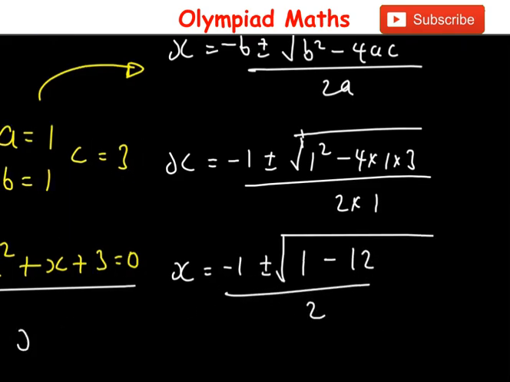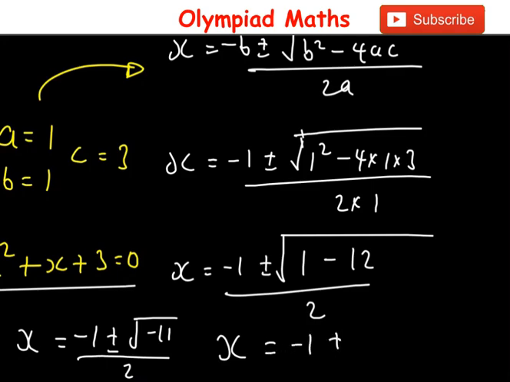And from here, x is then equal to minus 1 plus or minus root 1 minus 12 is simply root minus 11 over 2. And with this, the value of x is equal to minus 1 plus or minus root 11, all over 2.